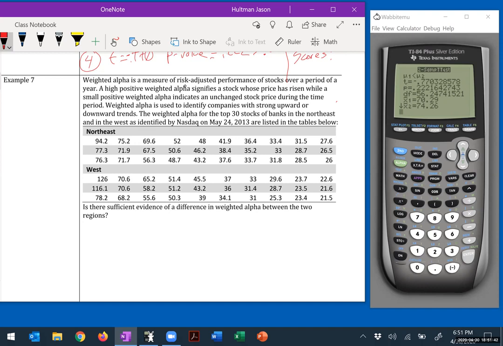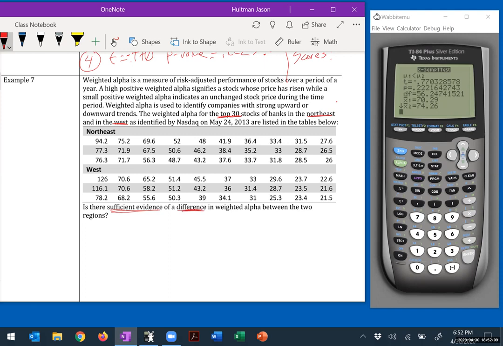Weighted alpha is used to identify companies with strong upward or downward trends.